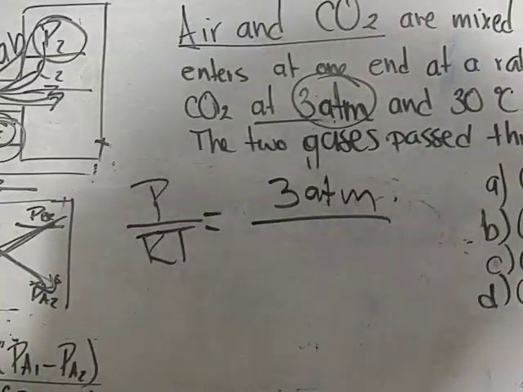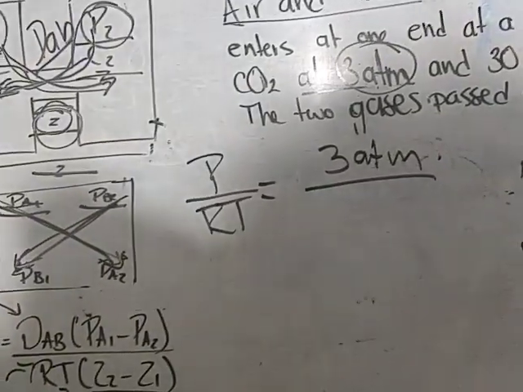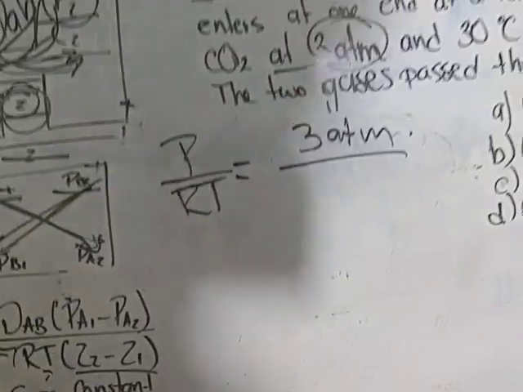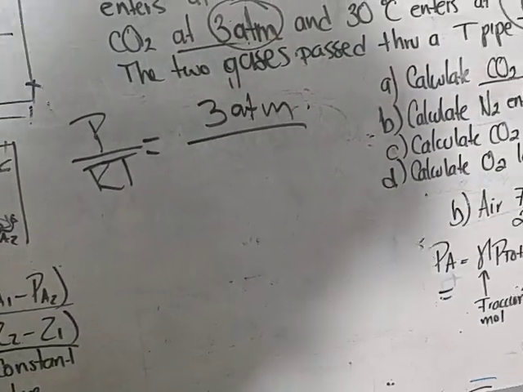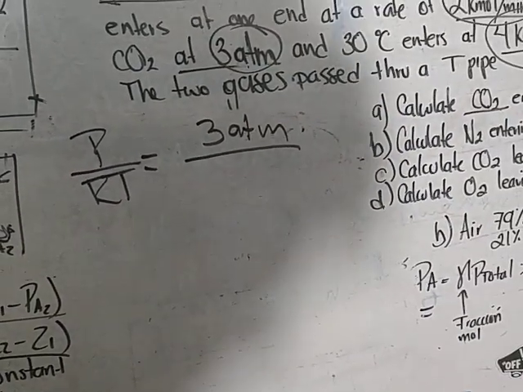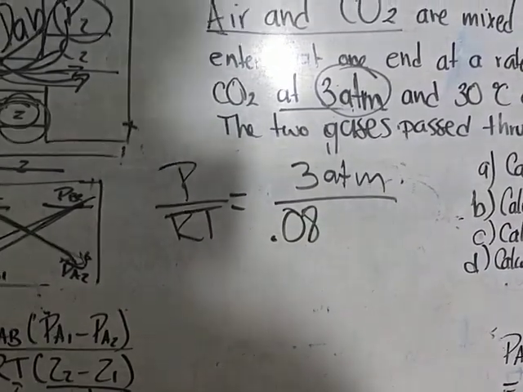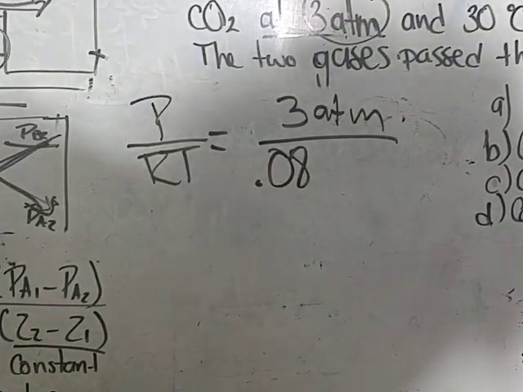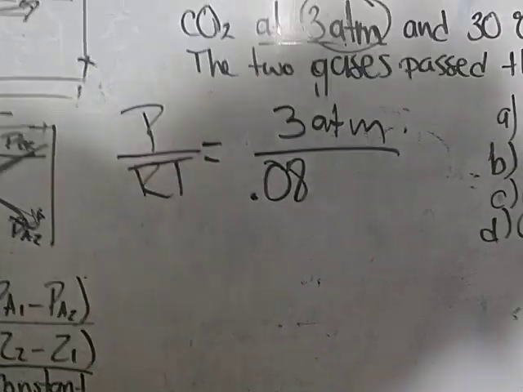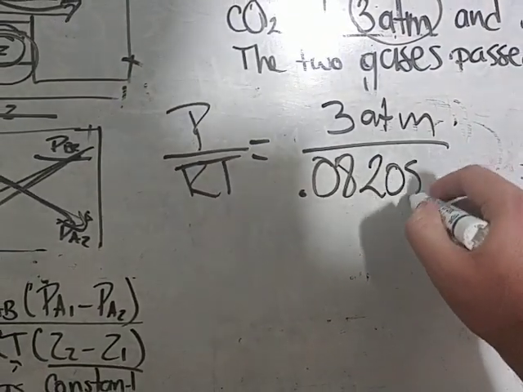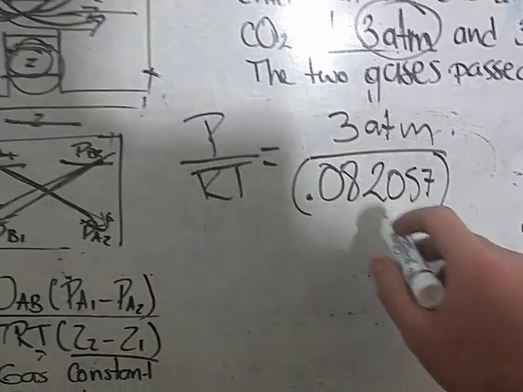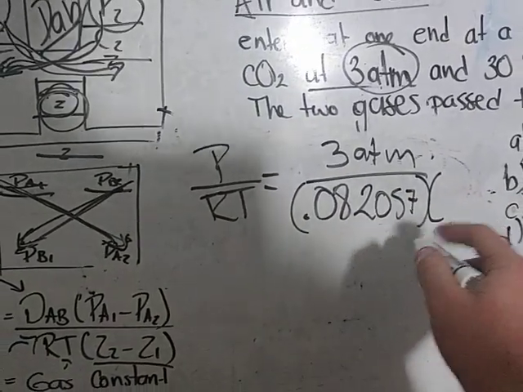The constant of gases can be in different situations, we can have different constants. The first one that we're going to consider is 0.082057. We're going to see why we have that.